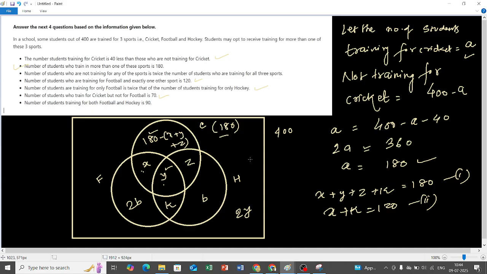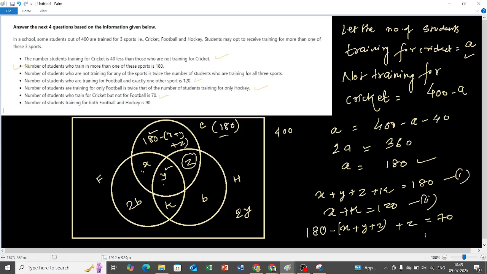Now we will come to this last but one option, the number of students who train for cricket but not for football. It is talking about 180 minus x plus y plus z, right? Training for cricket but not for football, so the whole football part is taken out, and what we get is 180 minus x plus y plus z, and z, this is going to be 70. Did you understand this part?